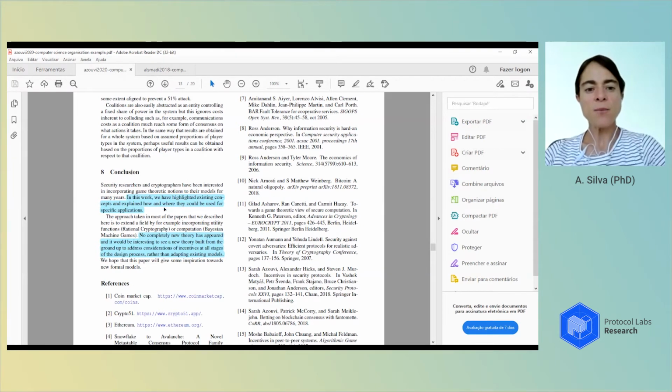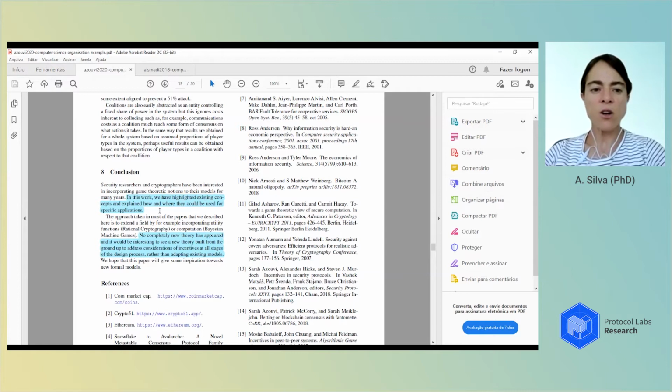In this case, they have highlighted existing concepts and explained how and where they could be used for specific applications. So they've tried out applications of existing concepts and figured out which ones worked in what way. And then the second main piece of information in a good conclusion is what should be done next.